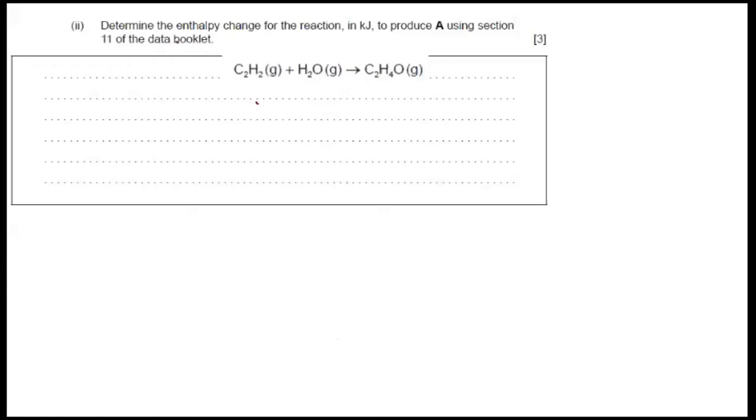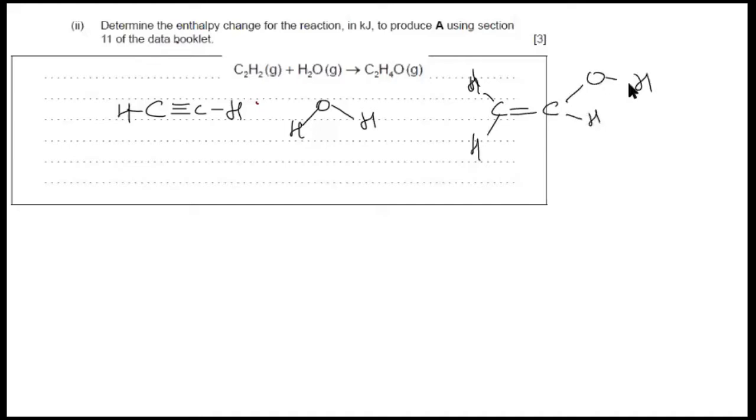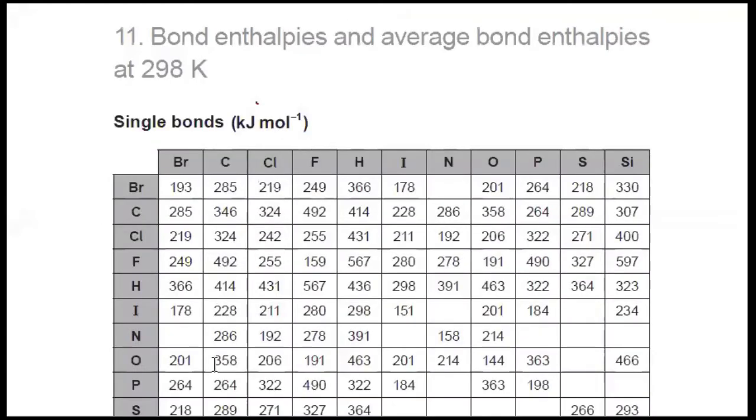So ethyne is C triple bond C, hydrogen, hydrogen. Water molecule is this, and compound A is what we require here. It is CH double bond C, hydrogen, oxygen, hydrogen. This is compound A. Now let's see what are the enthalpy values for each of these bonds. So here we have the values in the data booklet.